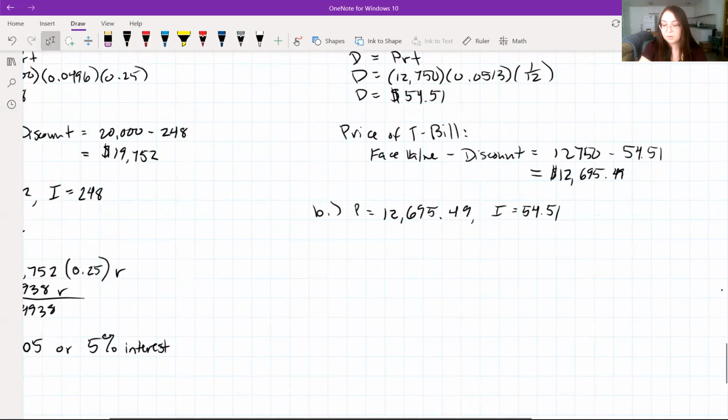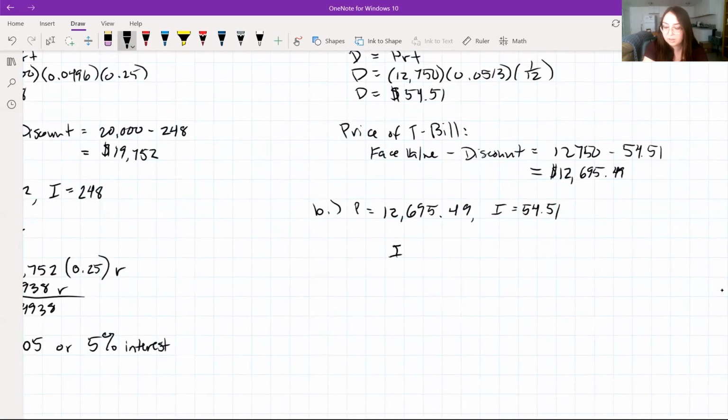So we're going to use that equation that we had before with just our simple interest. So I equals PRT. And we'll plug in all of our new values. So our interest is $54.51. Our principal value is $12,695.49. And we're going to multiply by our time first. So we have 1 over 12, same amount of time, times our rate.